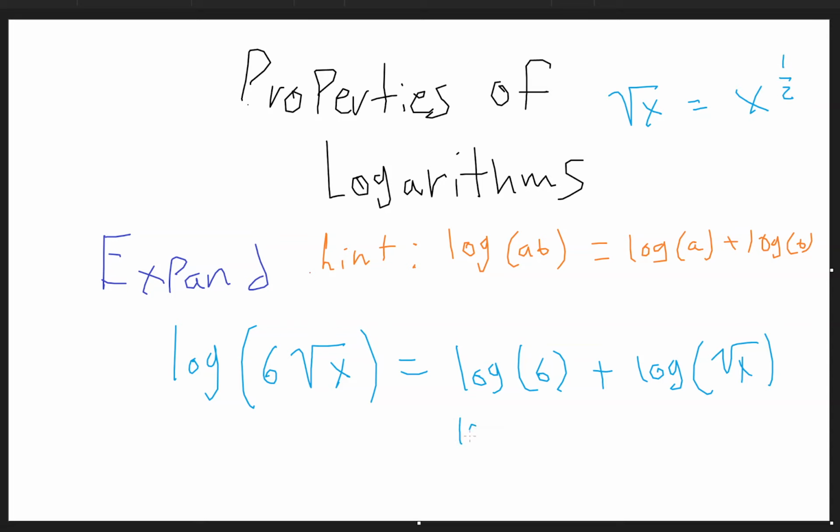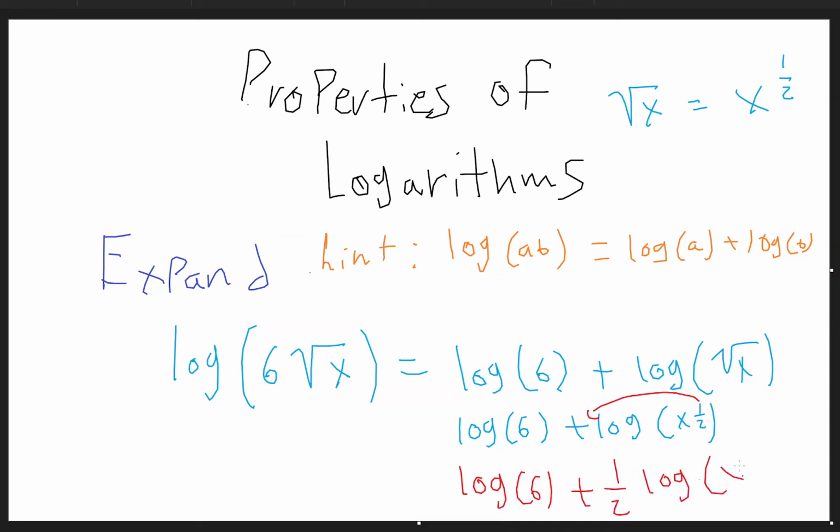So then this would be log of 6 plus log of x to the 1/2. But remember, when the log has an exponent, we bring it to the front. So then we would have log of 6 plus 1/2 log of x.